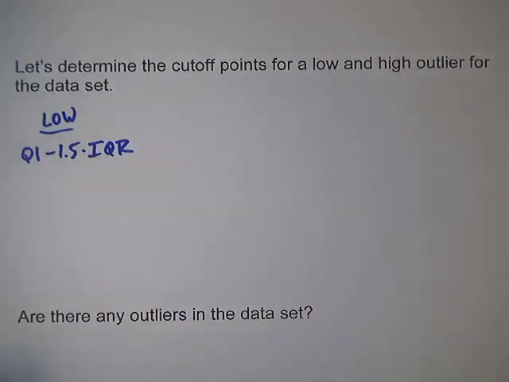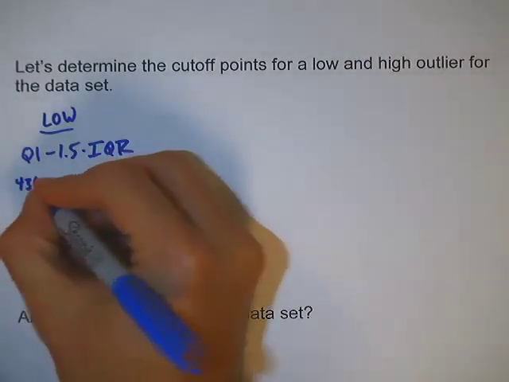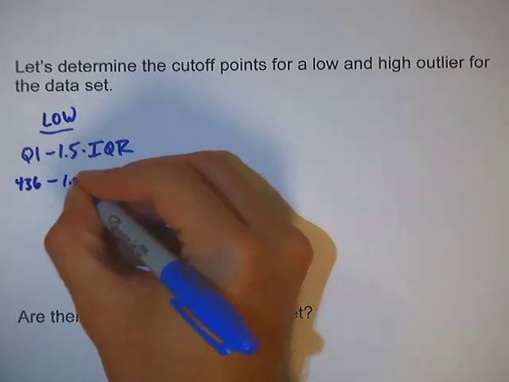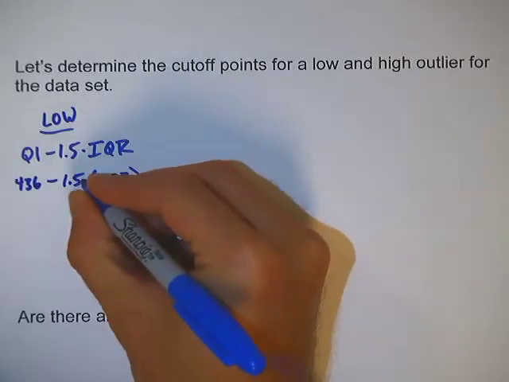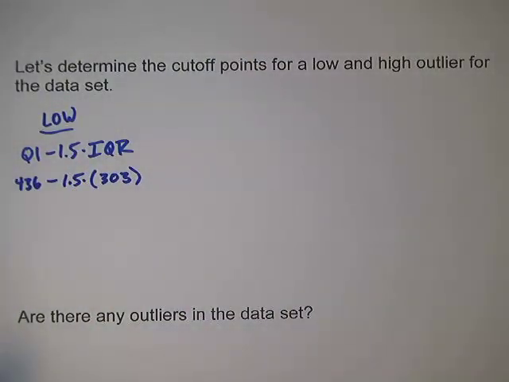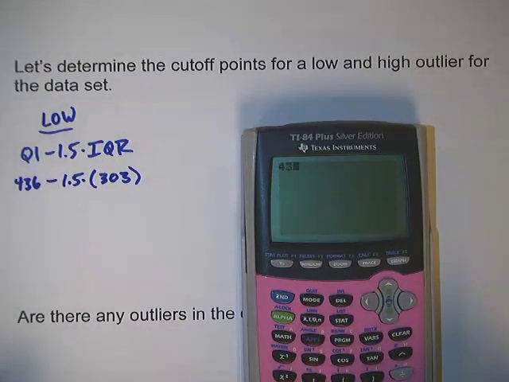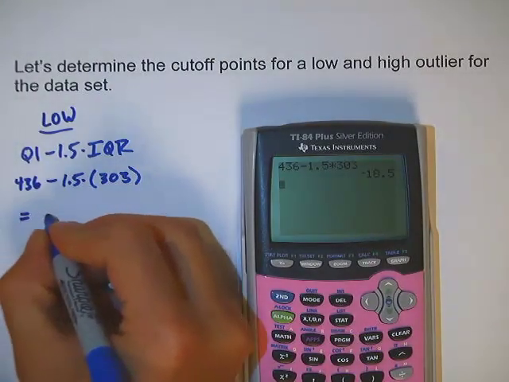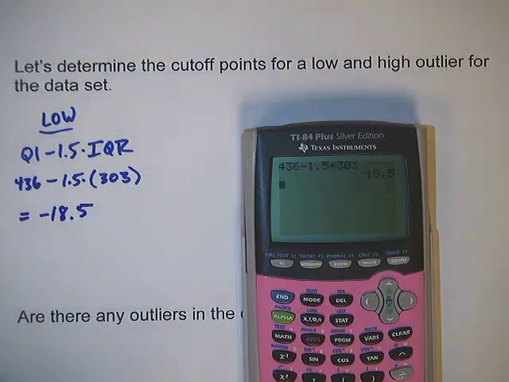Okay, so if we get those values off of the 5-number summary that we had before, Q1, recall, was 436, and then minus 1.5 times the IQR, which we already calculated, and that was 303. So if we calculate that, 436 minus 1.5 times 303, what this value is, is negative 18.5.